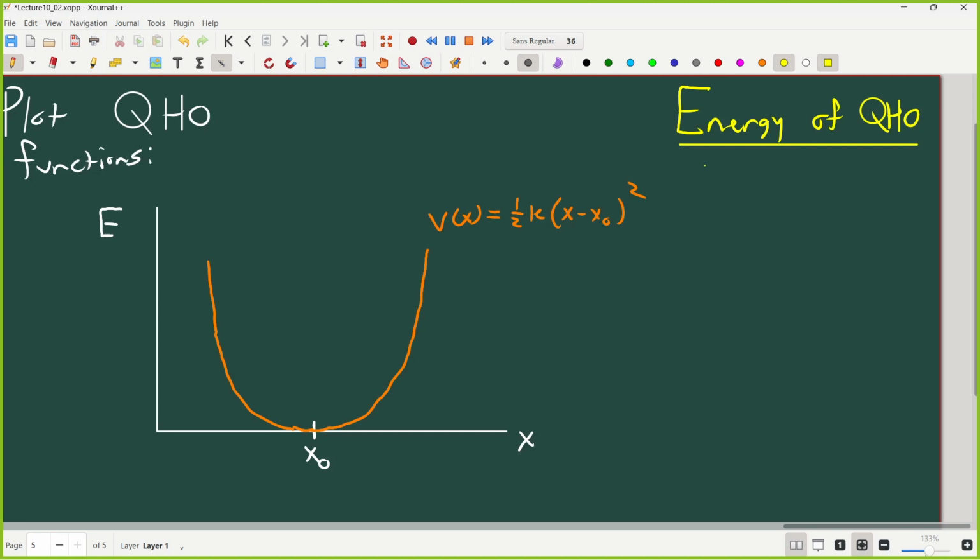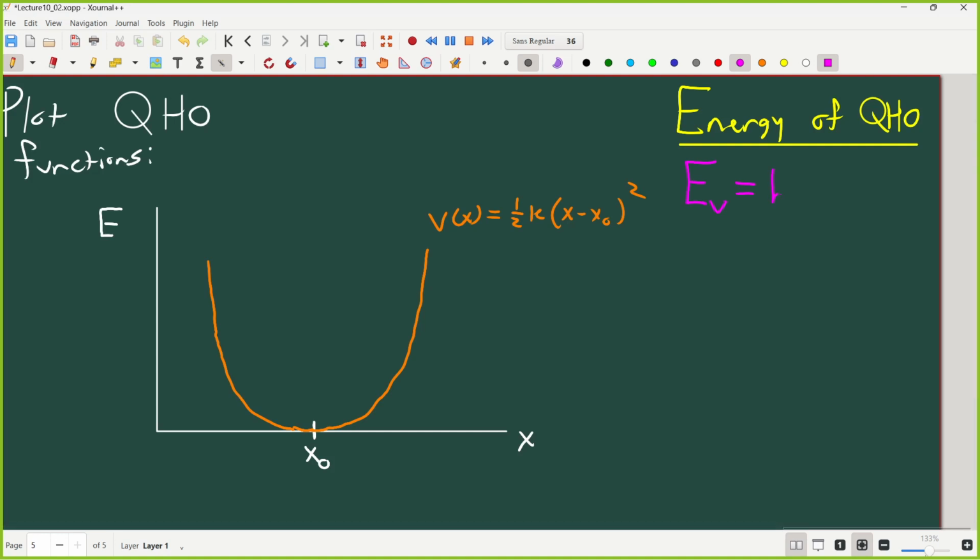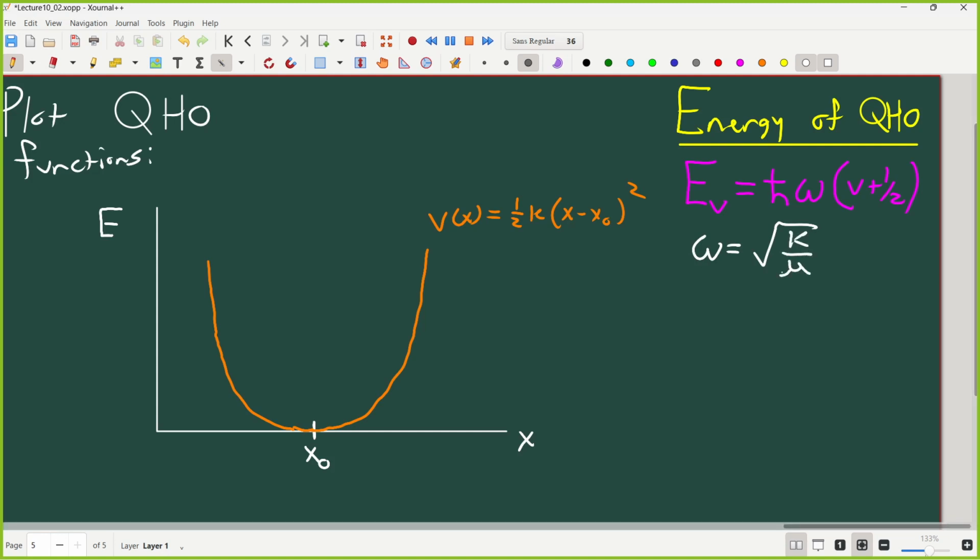The energy of a quantum harmonic oscillator, again, is a function of the quantum number v: E equals h bar omega (v plus 1/2), where omega, just like for the classical harmonic oscillator, is the square root of k over mu. Remember that v can be 0, 1, 2, and so on.